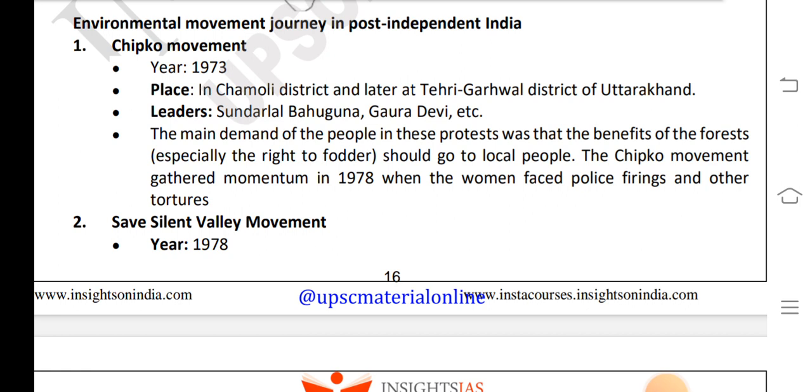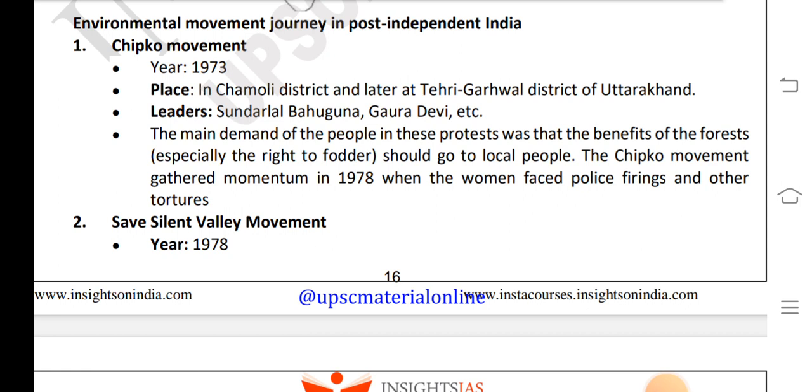Environment movement journey in post-independent India. Chipko movement, year 1973. It took place in Chamoli district and later in Tehri Garhwal district of Uttarakhand, with leaders Sundar Lal Bahuguna and Gaura Devi.